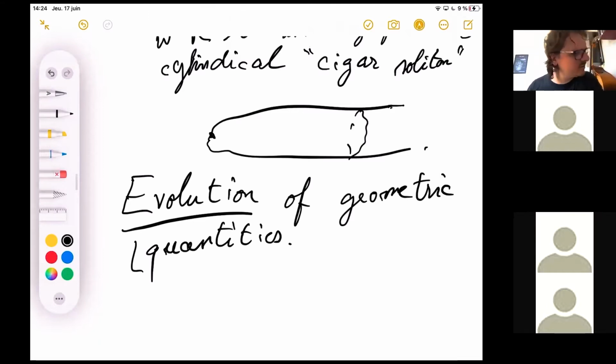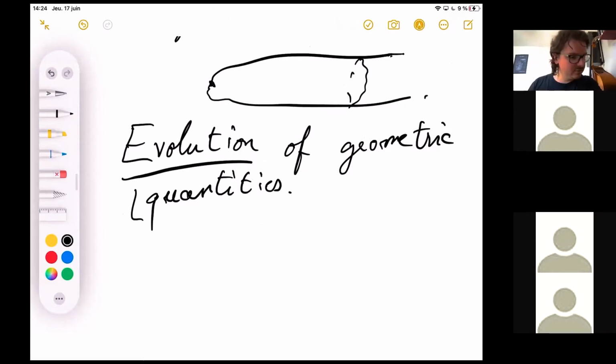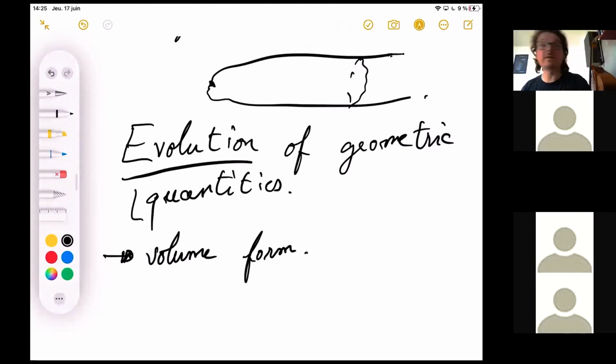Actually, the equations are not that bad in the end. We will prove just one, because it's a nice way to come back afterwards. So let's look at the evolution of the volume form, and then we will be able to look at the evolution of the volume.